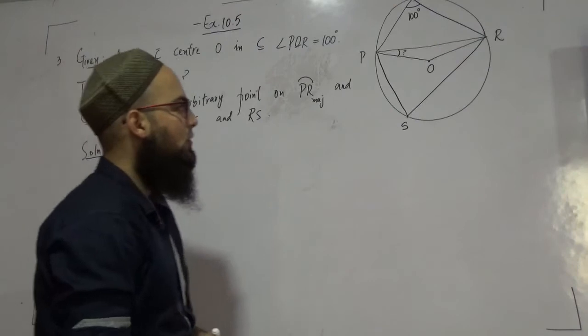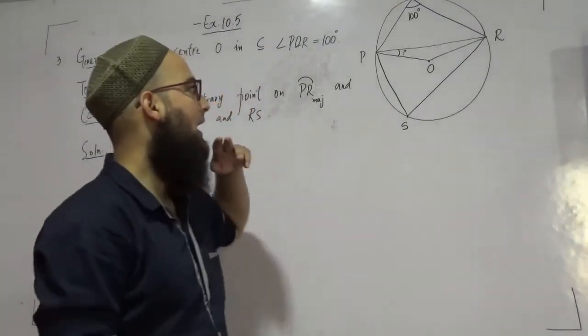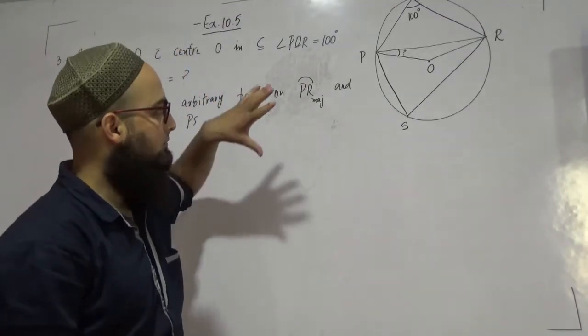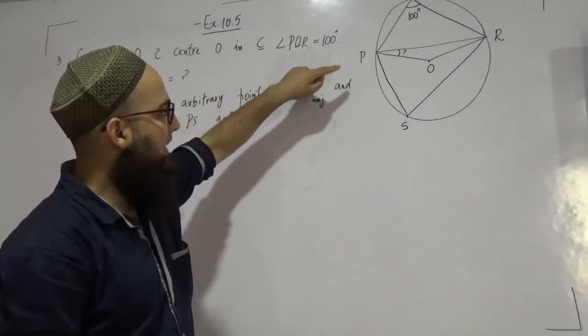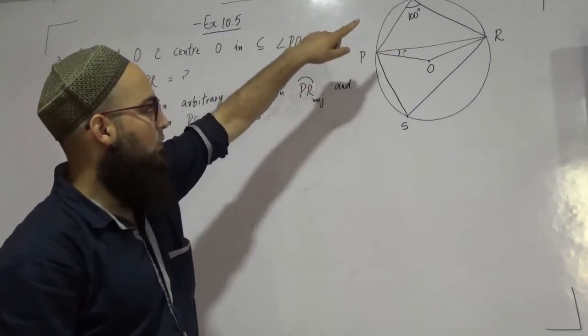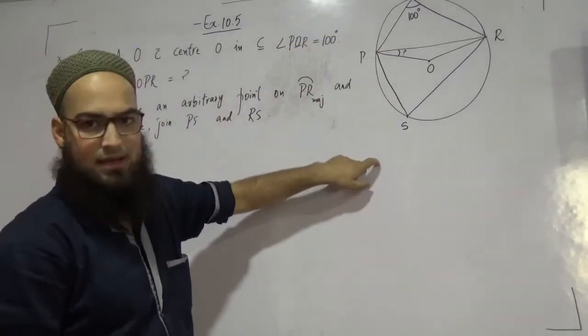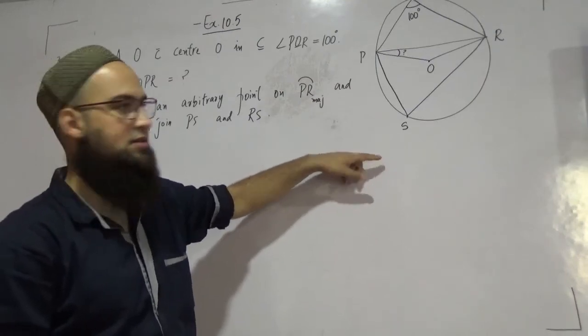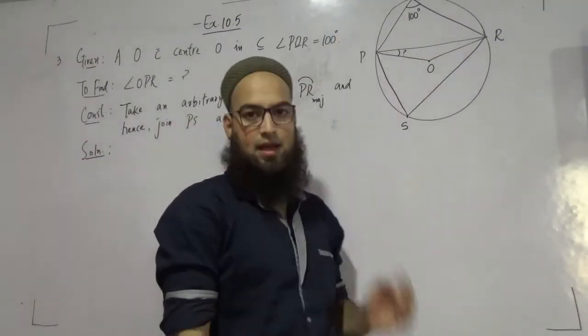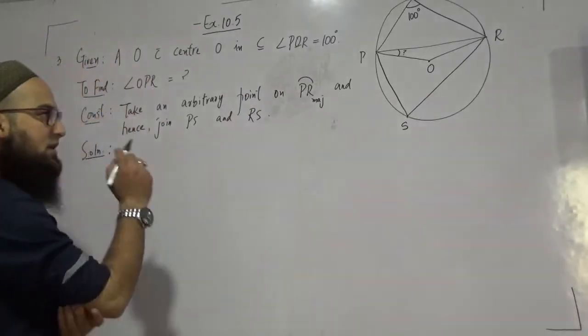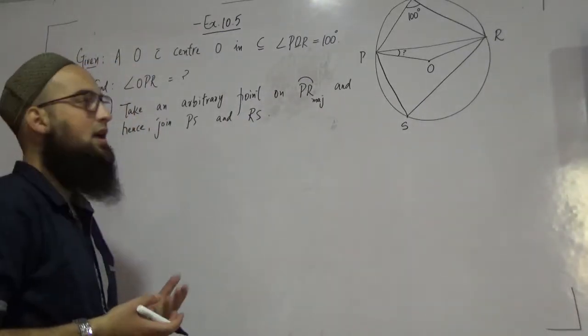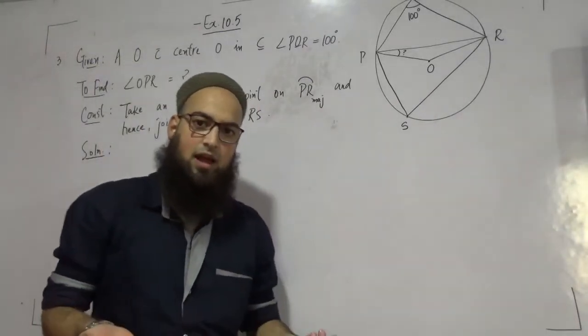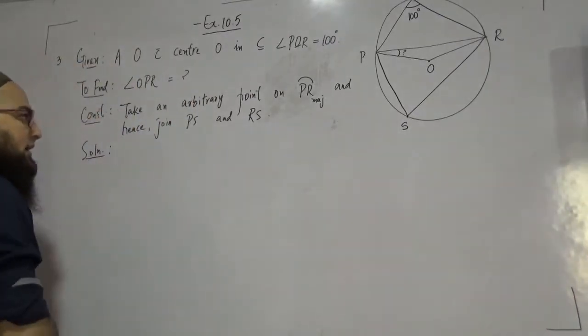By this you came to know one thing, that PQRS is a cyclic quadrilateral because P, Q, R and S lie on the circumference of the circle. So all the vertices of a quadrilateral lie on the circle. If they lie on a circle, it's a cyclic quadrilateral.